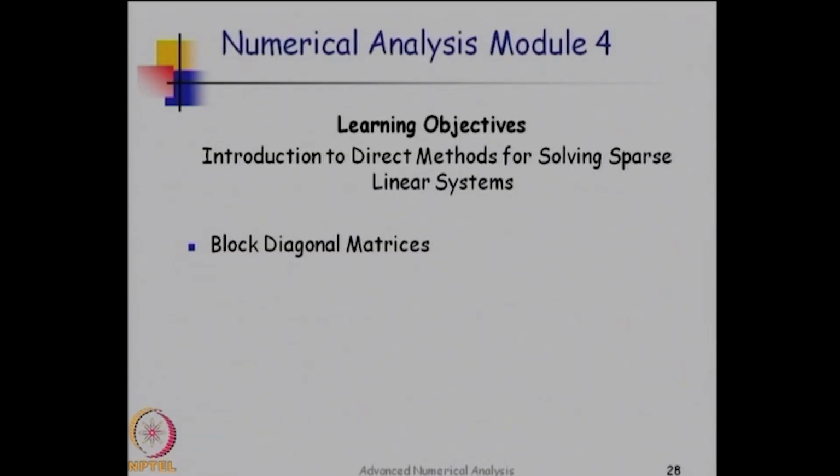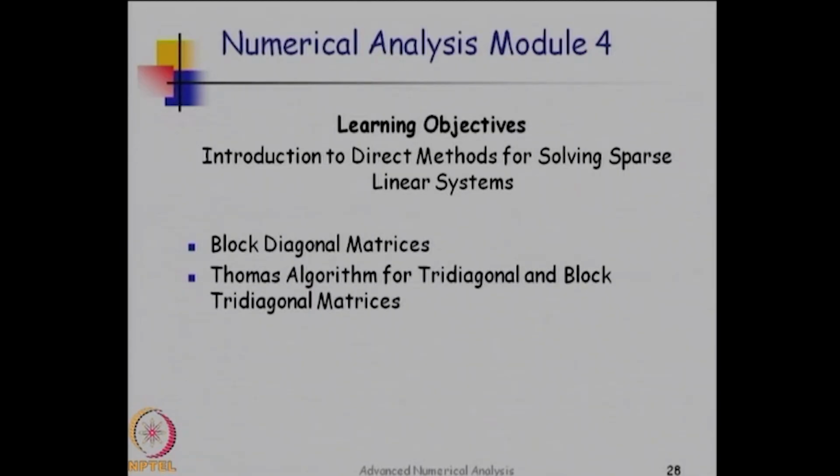But this matrix, which is 10,000 cross 10,000, may not be fully populated. It will have many zeros, and it's possible to take advantage of this structure and then come up with special schemes. So these are called schemes for sparse linear systems, and we are going to look at just a few of them. It's an iceberg, and we can only touch the tip of the iceberg. So I'm going to look at block diagonal matrices.